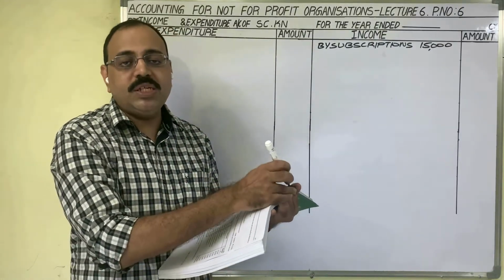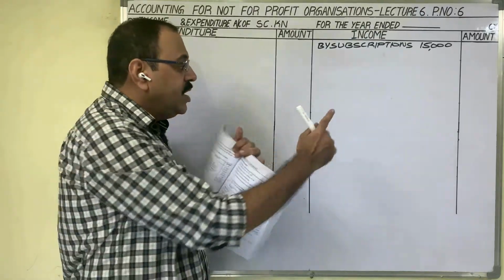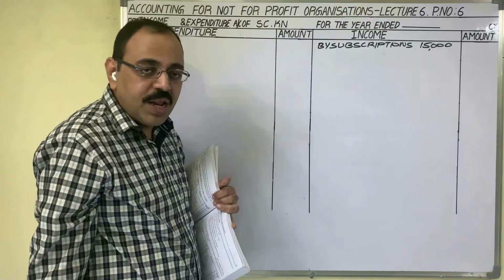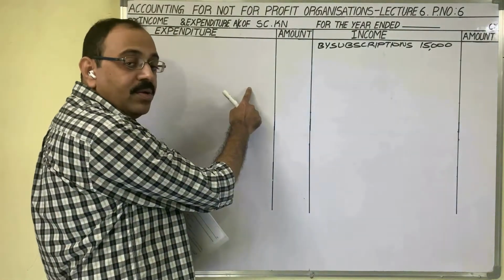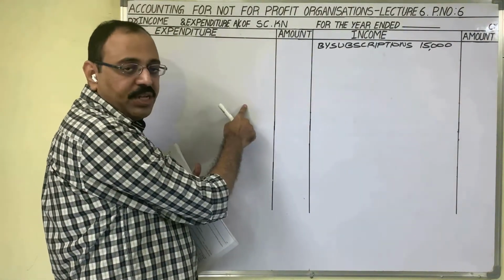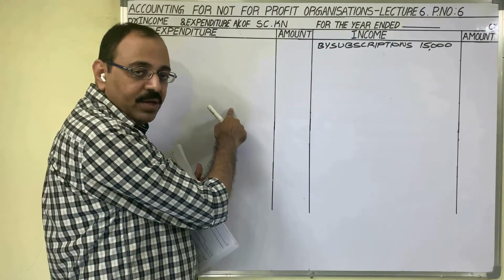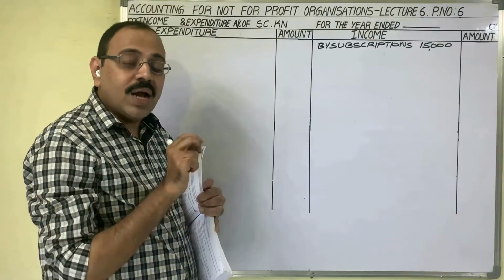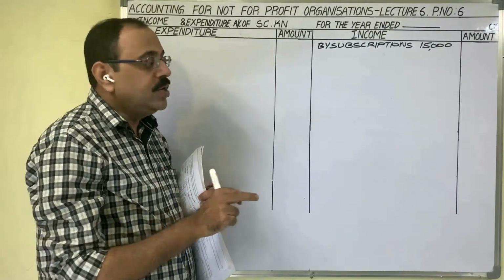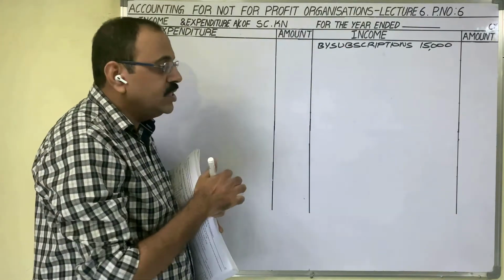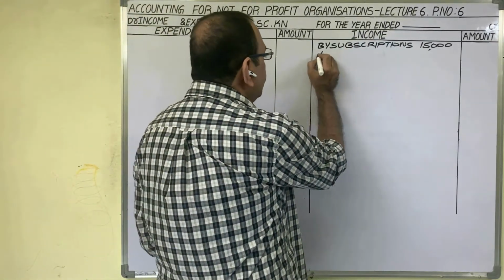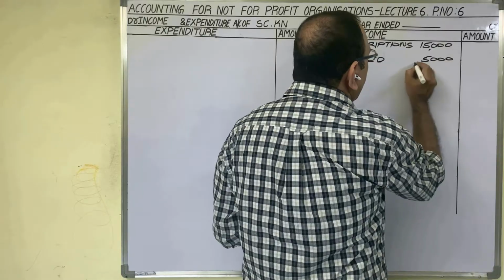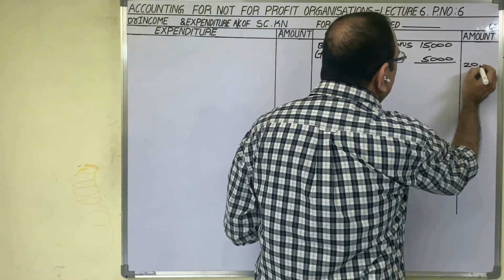In the accrual basis method, we consider income received and income to be received. Similarly, expenditure paid plus outstanding expenditure to be paid. Therefore, we add subscriptions to be received, 5,000 rupees, to this subscription amount. In the outer column the total is 20,000.